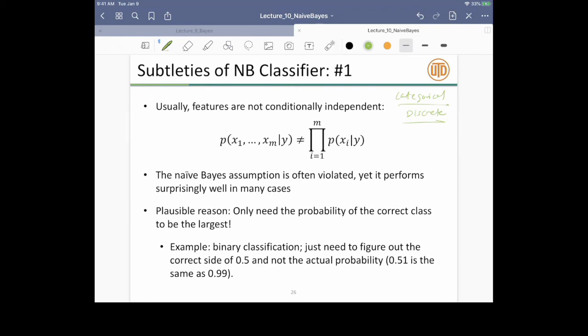So basically you want to get the argmax or the max of p of x comma y, right? So you don't really care if your p of x comma y is really well calibrated or not. In fact, for naive Bayes, it will not be well calibrated.